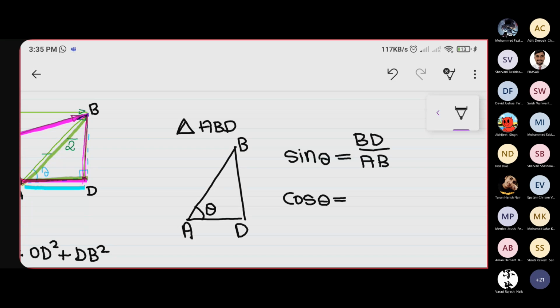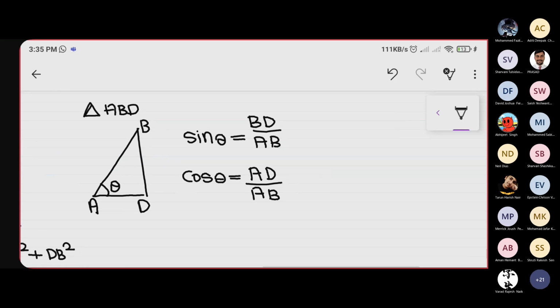And cos theta is the adjacent side, that is AD, divided by the hypotenuse, that is AB. So what can we write from this equation? AD is equal to AB cos theta.